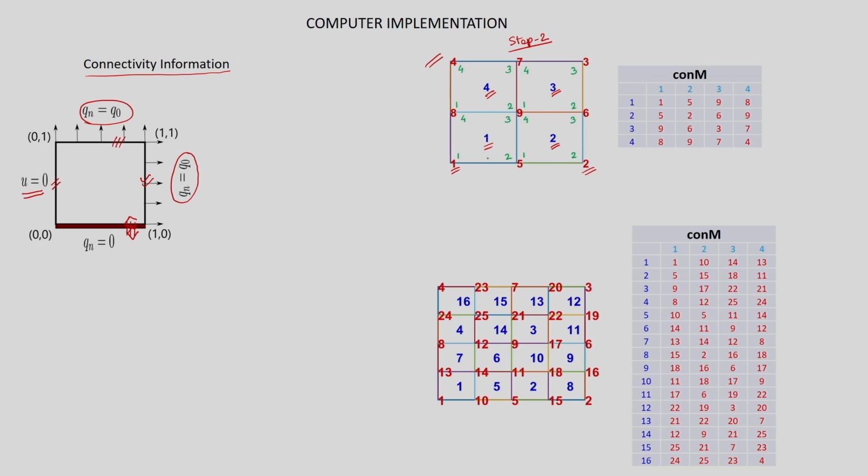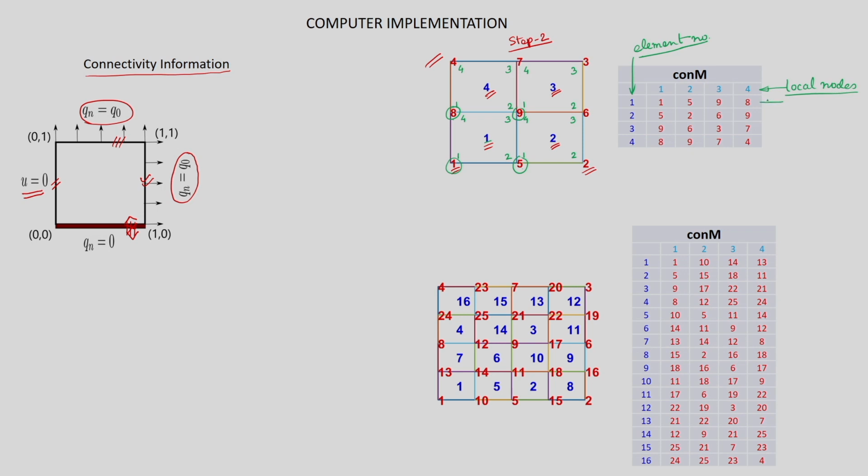Now, what we will do? We will note down the corresponding global numbers, that is 1, 5, 9, 8 in this sequence. This row denotes the local node number in a given element, and this column denotes the element number. Suppose element 1: the local node numbers 1, 2, 3, 4 correspond to the global node numbers 1, 5, 9, 8.